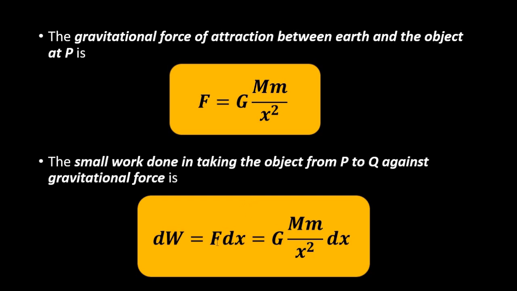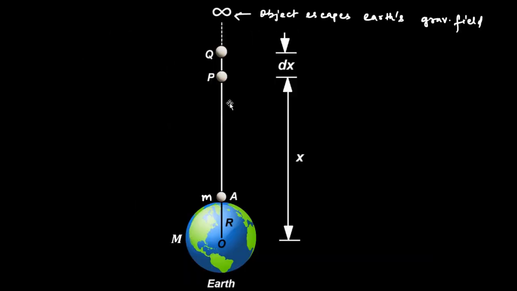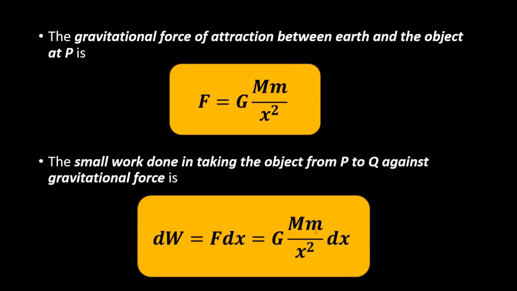So it will be the product of force and displacement, F dx, which is equal to G capital M small m by x squared dx. Work is the product of force and displacement. So the small amount of work dW in raising the object through a small displacement dx from P to Q is equal to this much.